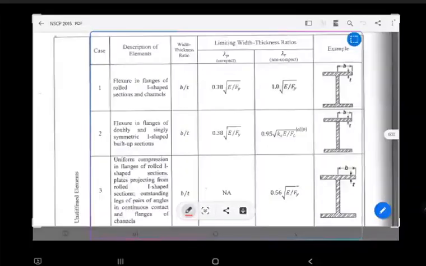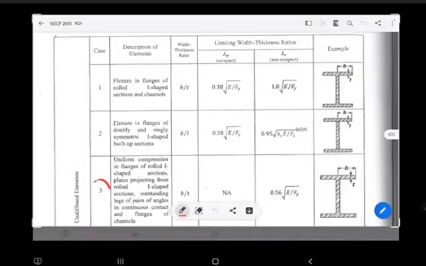So for number 3, yung compression dito. The ratio is B over T. Ano ba yung B? Kalahati ng flange width class. Okay, that's bf over 2. Okay, ano yung T? Thickness of the flange.